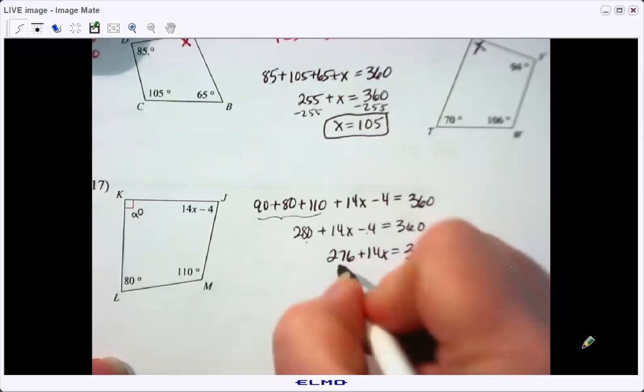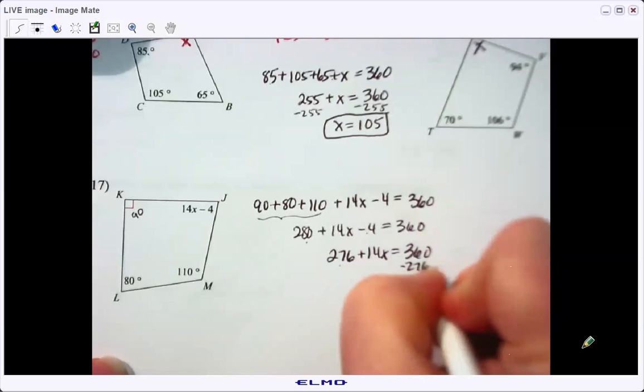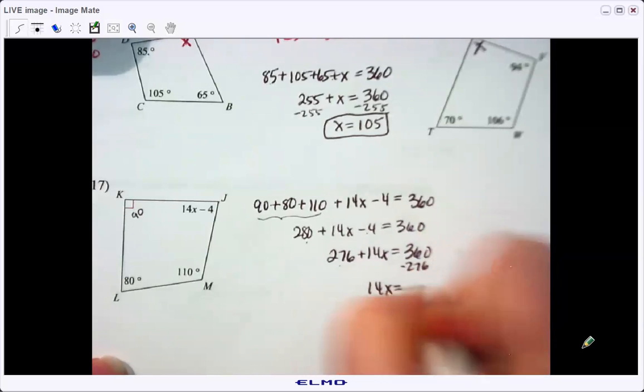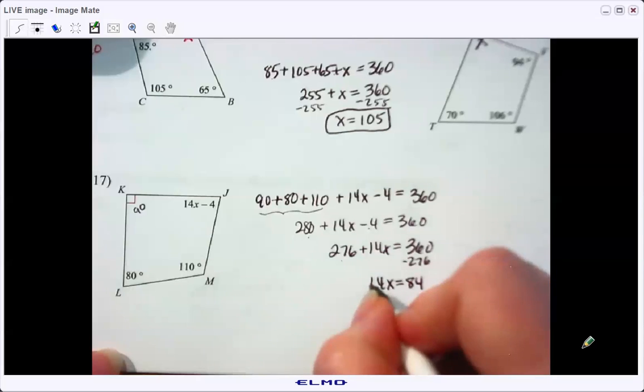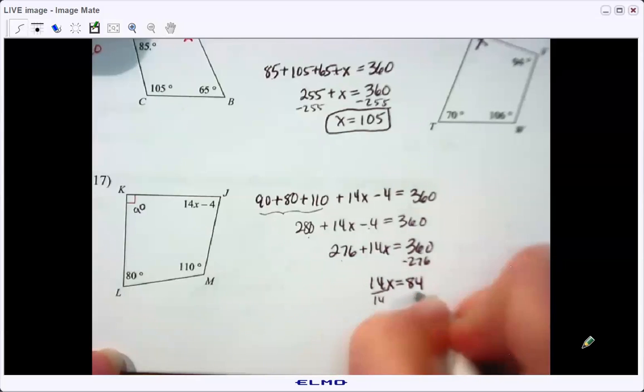Subtracting the 276, you get 14x is equal to 84. If you got 21, I think you probably forgot your 1 on the 4. So dividing both sides by 14, I get x equals 6.